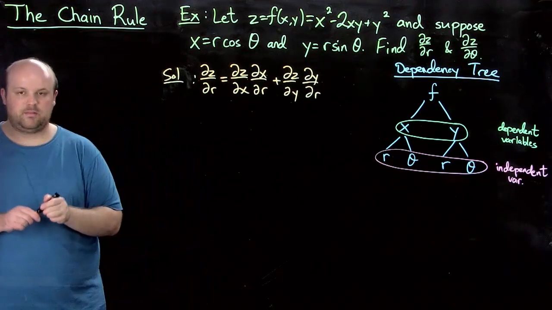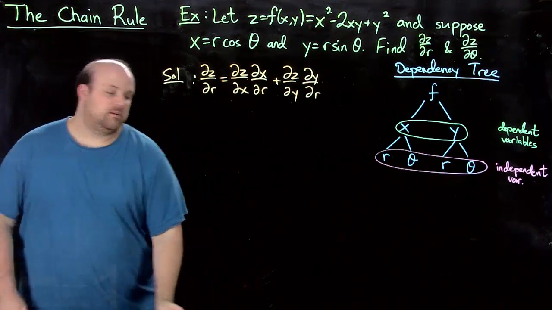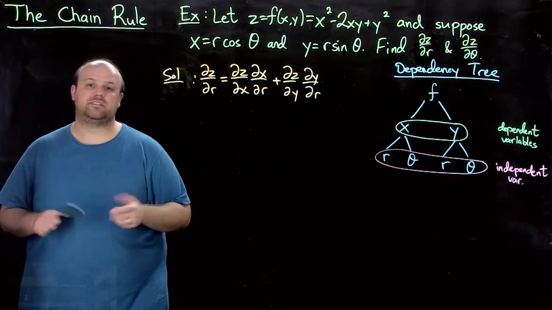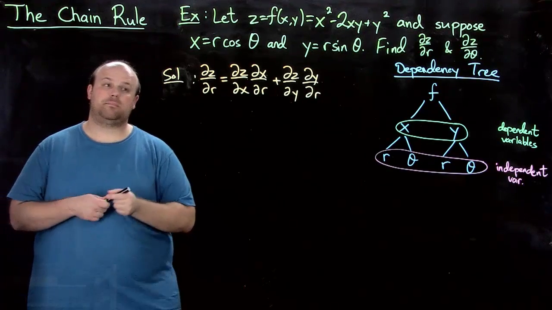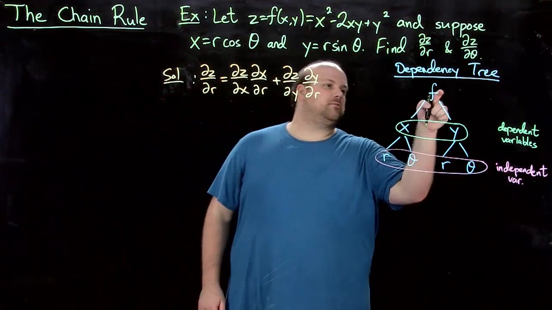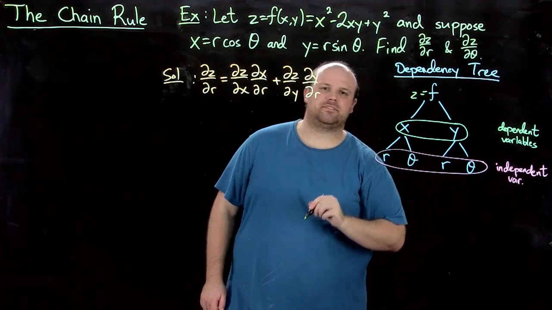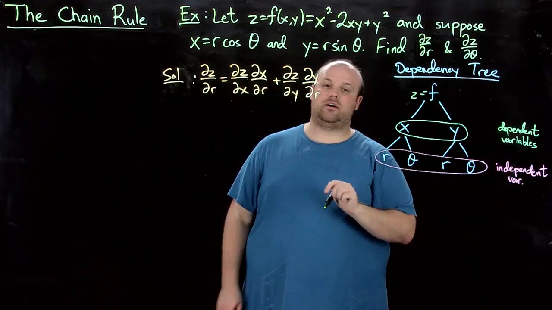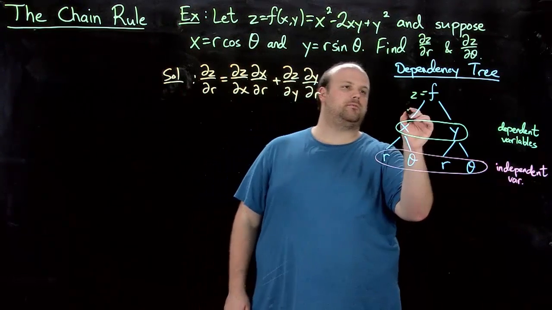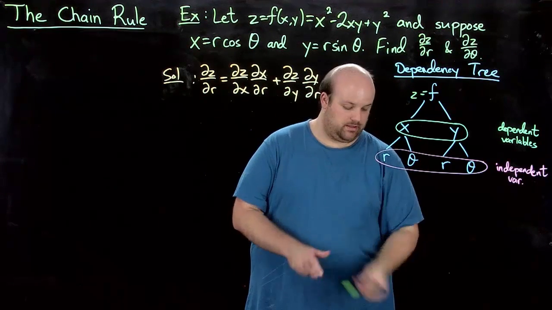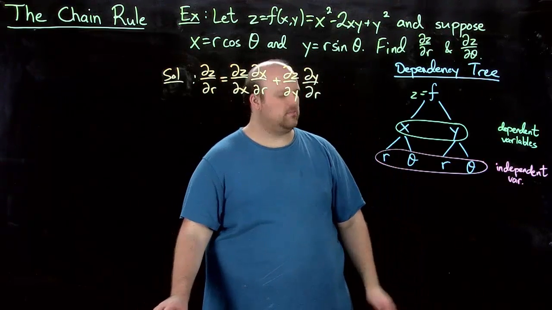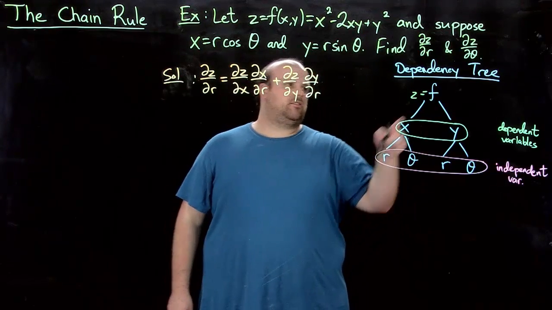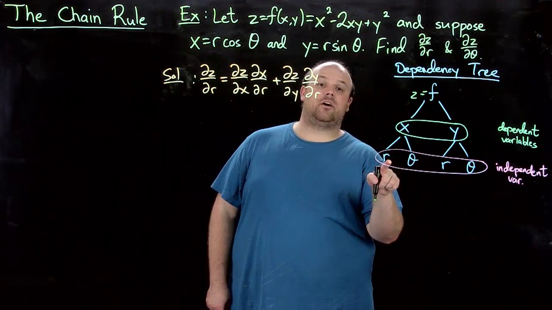So we could find this out using the chain rule. Now what's a convenient way to remember this? We start up here, remember Z equals F, and we find all the paths from Z down to R. So let's say we want to get to this R here.